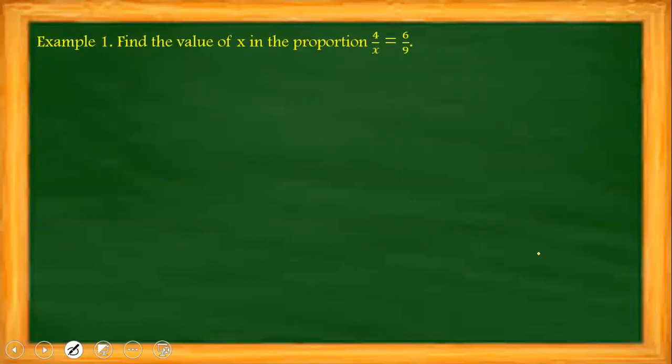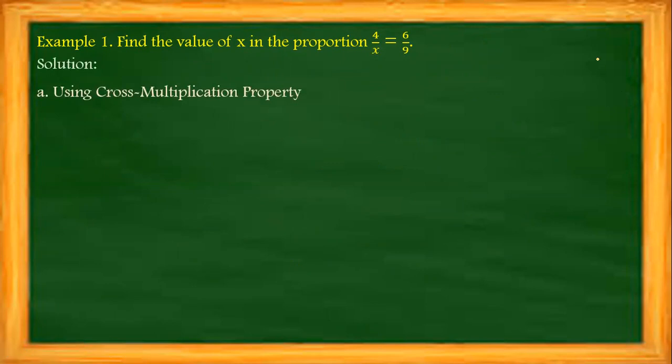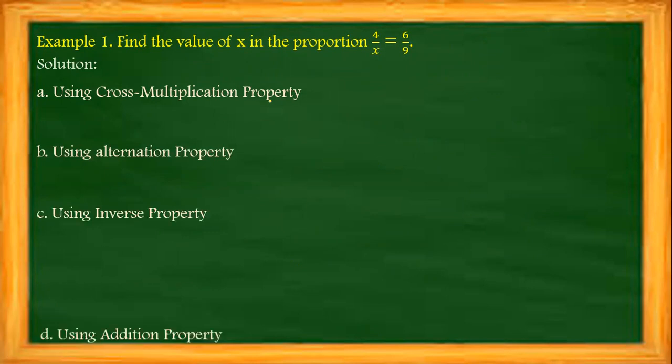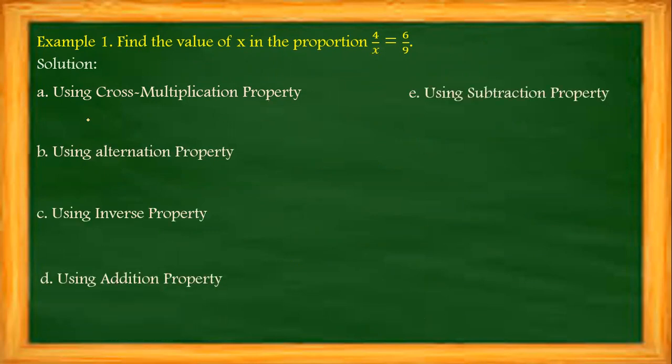Example: find the value of x in the proportion 4 is to x is equal to 6 is to 9. Let's use first the cross multiplication property. So we have here the given, 4 over x equals 6 over 9.